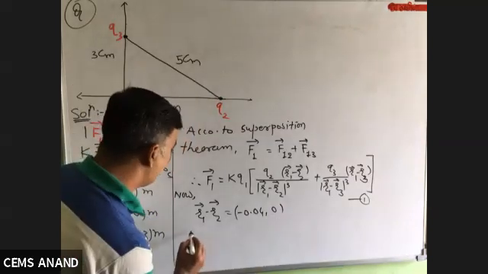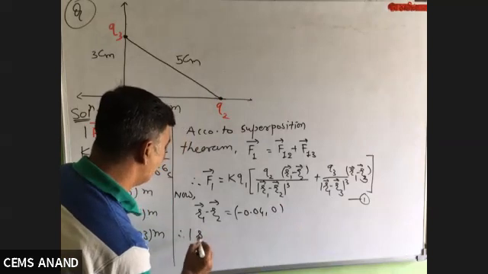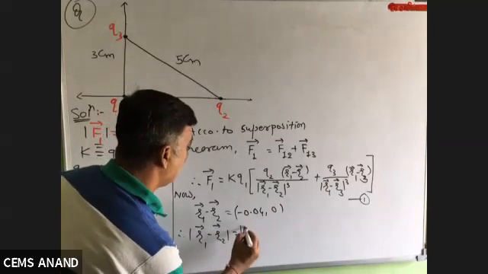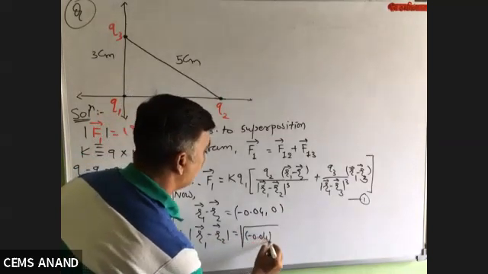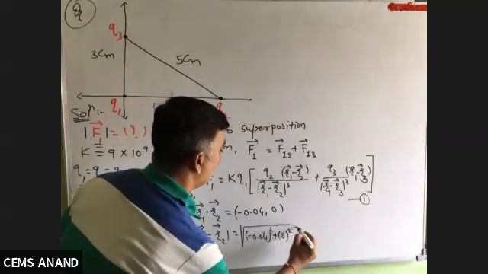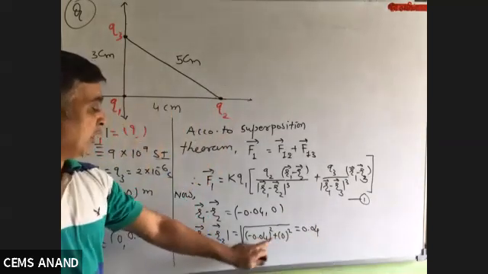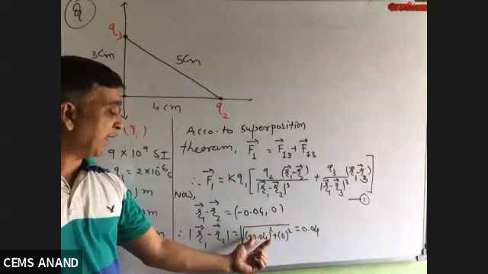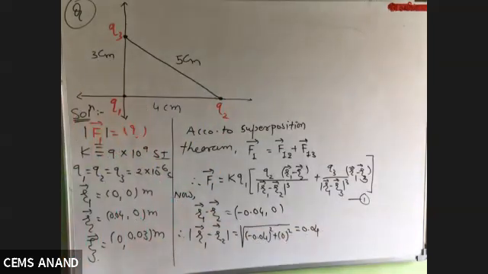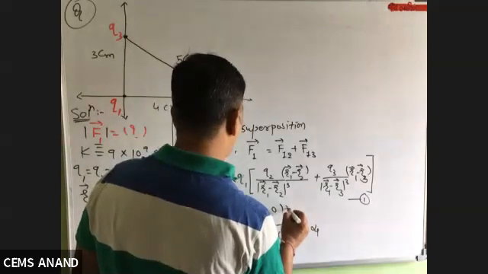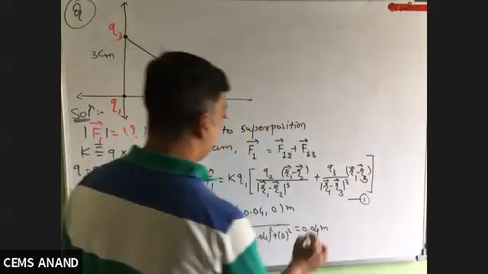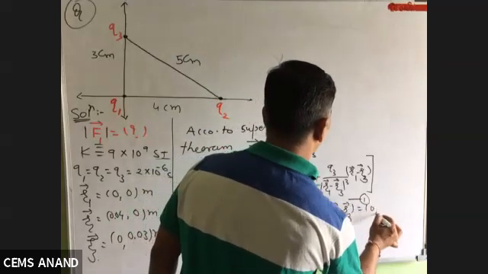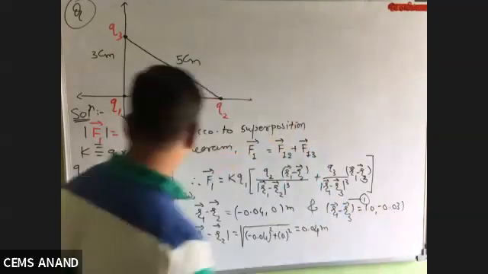And that's why its magnitude is 0.04, right? Because the square of a minus becomes plus, and since it is squared, the square root gives the same value again. So these are the values of these two. And R1 minus R3 equals 0 minus 0.03, right or not?